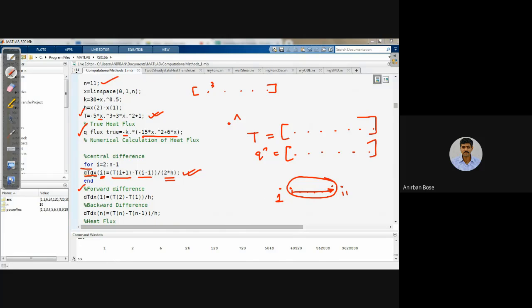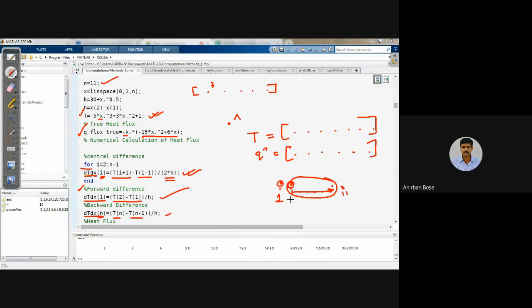And now you have to define dT/dx at the end points also. For the left end, dT/dx 1, we have used the forward difference formula, f(x plus h) minus f(x), that means T2 minus T1. For the right end point we have used the backward difference formula, so dT/dx of n, the last point, is Tn minus T(n minus 1) divided by h.